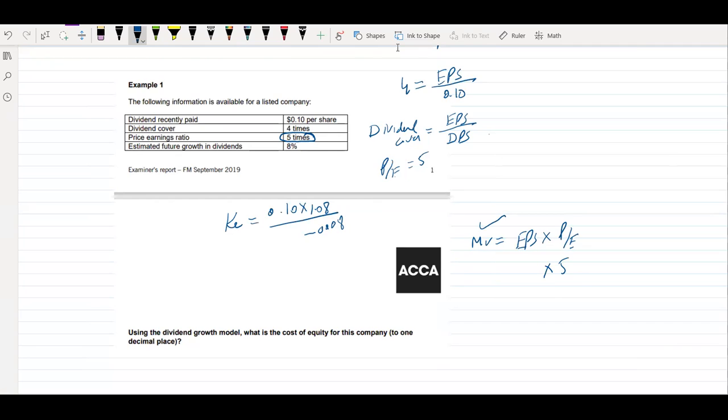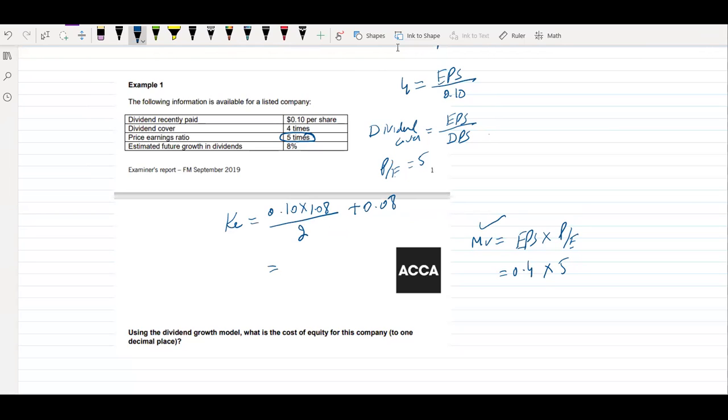So calculate the EPS. क्या आती है EPS? 0.4. EPS will be 0.4, right? So market value will be 2 plus 0.08. So what will be the cost of equity?